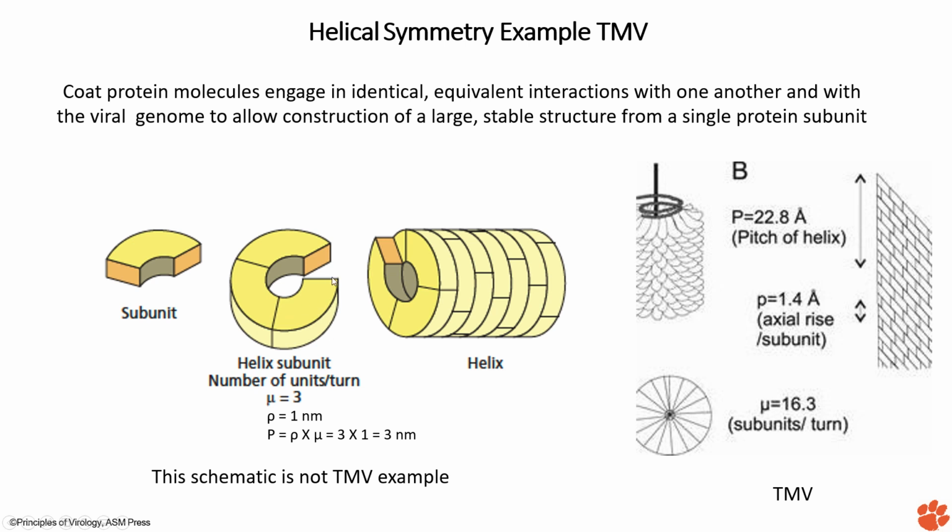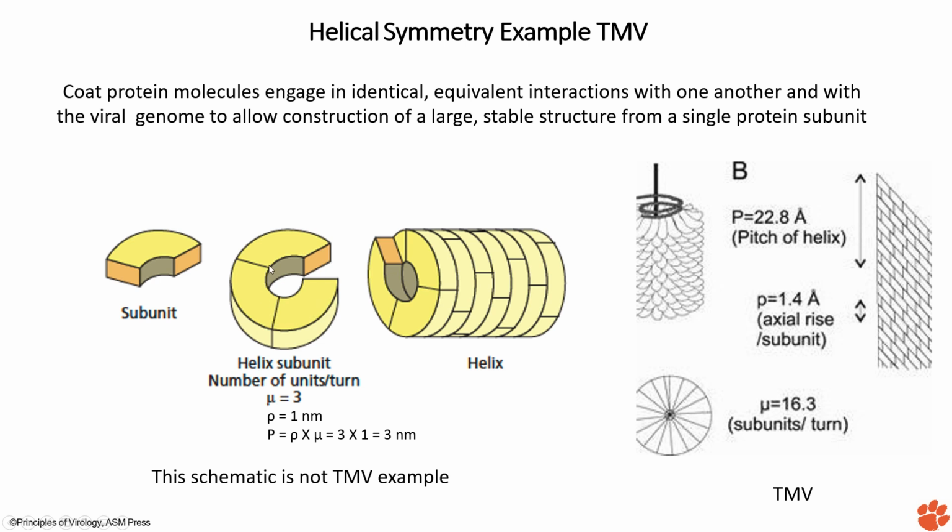The rho is the pitch of a subunit from one end to the other. So that means if you place these 3 in a plane, say from the bottom, this is 1 nanometer, then 2 nanometer, 3 nanometer, 4 nanometer.